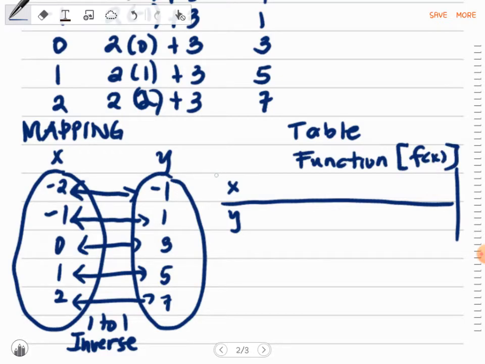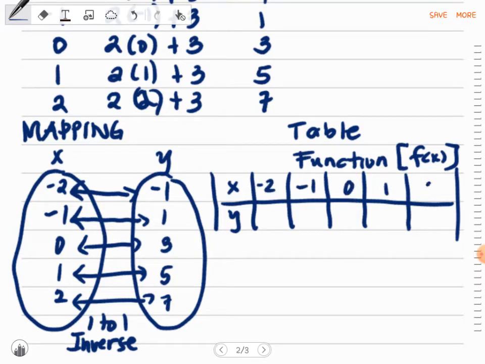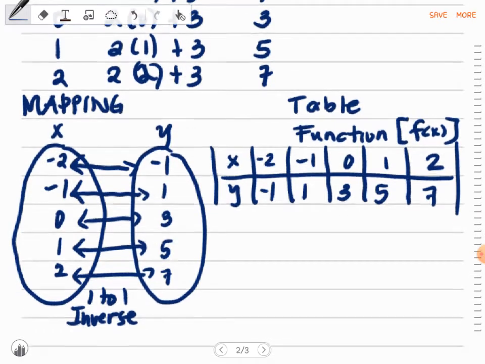Okay, so for this one, let's have this table. So we have 5 rows: negative 2, negative 1, 0, 1, and 2. The partner of negative 2 is negative 1, then 1, 3, 5, and 7. So this is a function, right?